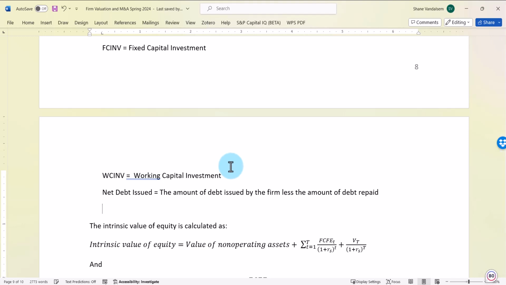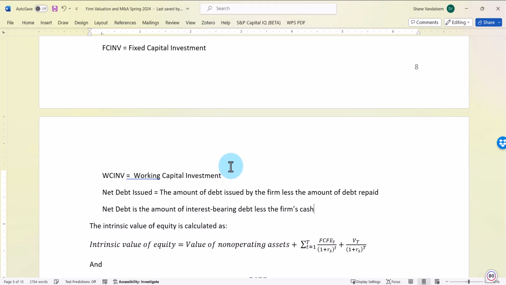And let me actually add one more thing here. What net debt is. Net debt is the amount of debt the firm has, the amount of interest-bearing debt, less the amount of cash the firm has.